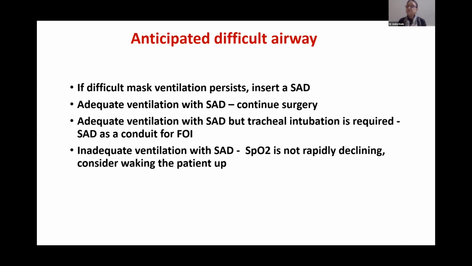But if endotracheal intubation is required for that particular procedure, then tracheal intubation is done with a fiber optic bronchoscope through the supraglottic airway device as conduit. And if it's not successful, then it's better to postpone the surgery. If there is inadequate ventilation with SAD and SpO2 is not rapidly declining, consider waking the patient up.